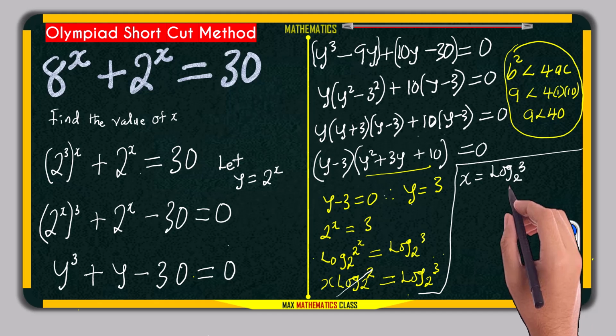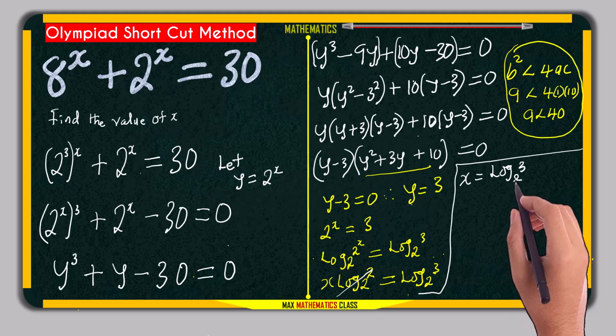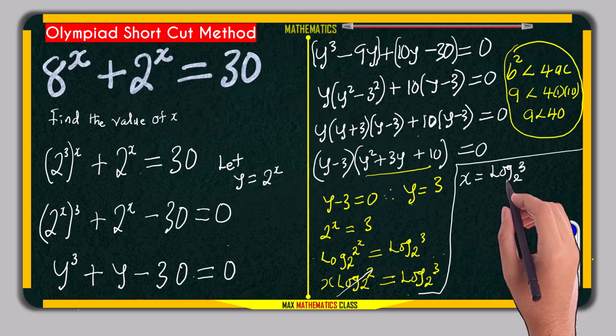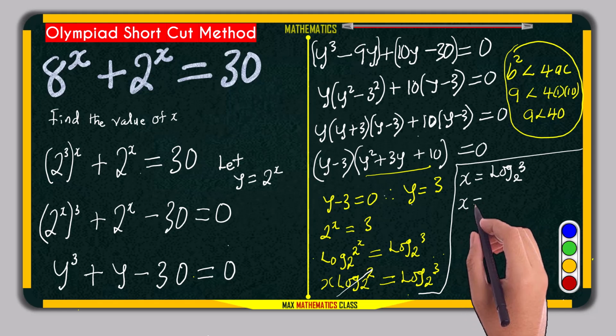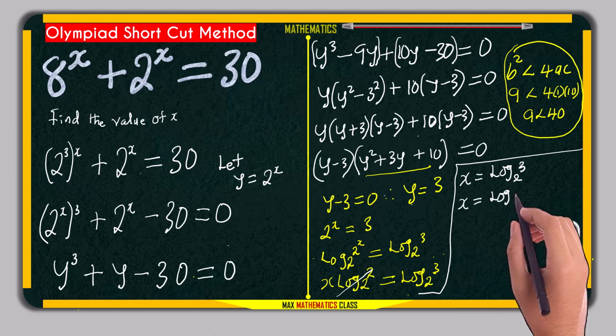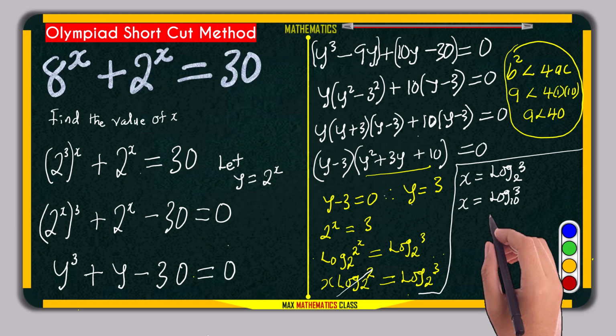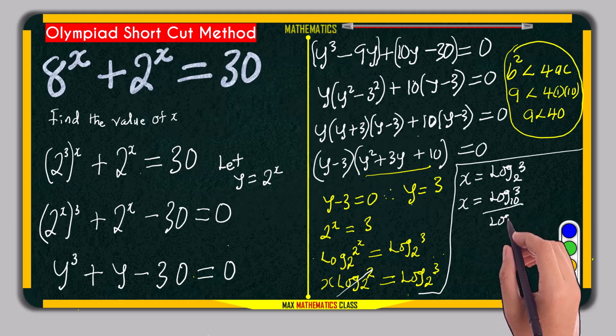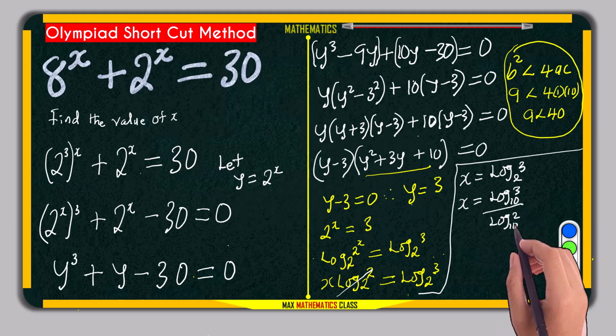Now, this can also serve as the final answer, but if you want a real value, you can change the base of this logarithm to something like this. X now will be equal to log 3 to base 10 over log 2 to base 10.